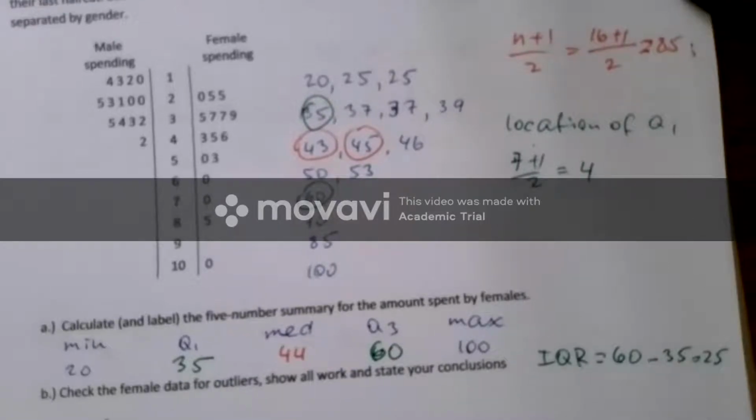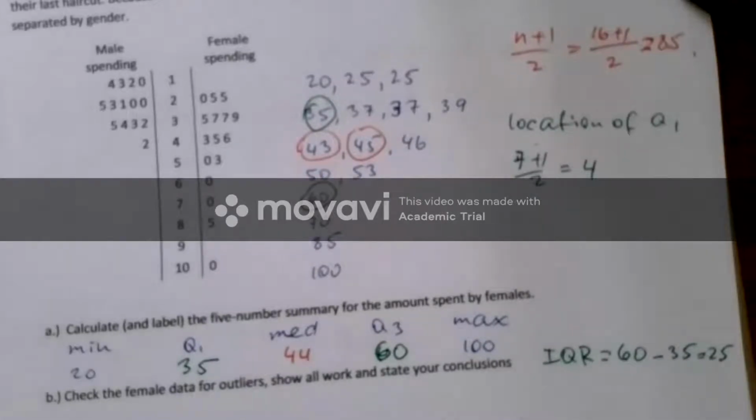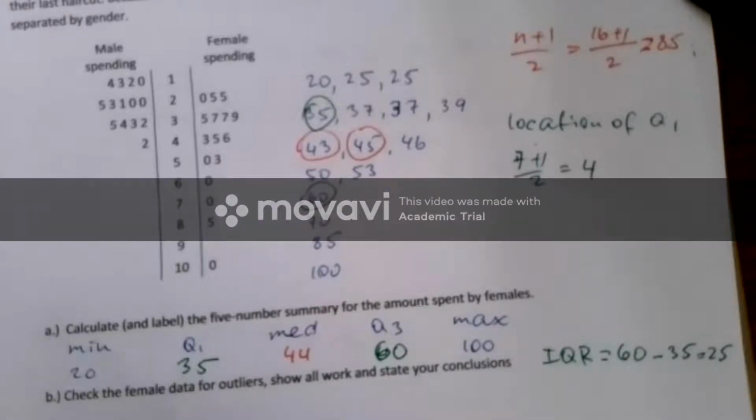So to calculate the lower fence, the formula for that is Q3. It's Q3 plus, no, that's the upper, sorry. The upper is Q3 plus 1.5 IQRs.